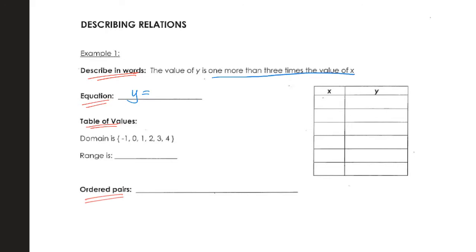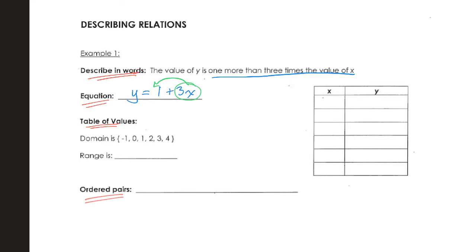So quite often we might see 1 more than 3 times the value of x. That is 100% correct. I'm just going to argue that that won't be the form that you see, just because notice how our x term came second. If we remember back to the last unit, we like to write things in standard form whenever possible, and that means decreasing powers of x.